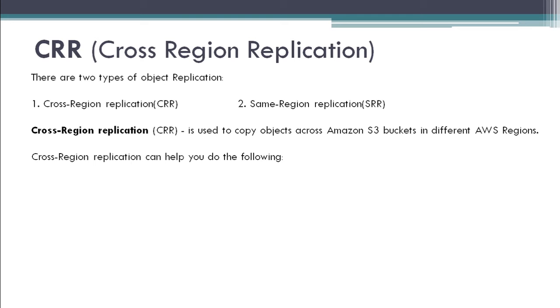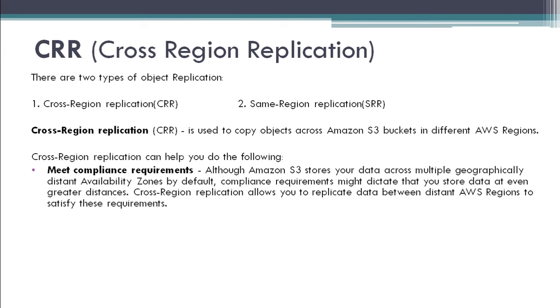Cross-region replication can help you do the following. These are the use cases for CRR. Meet compliance requirements. Although Amazon S3 stores your data across multiple geographically distant availability zones by default, compliance requirements might dictate that you store data at even greater distances.